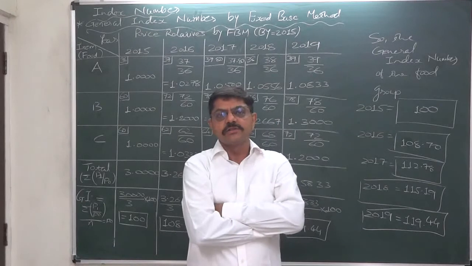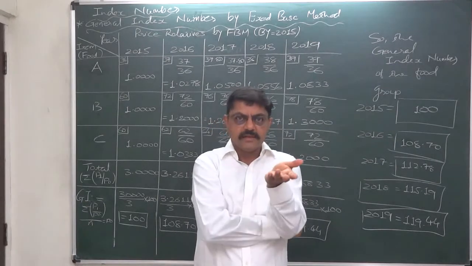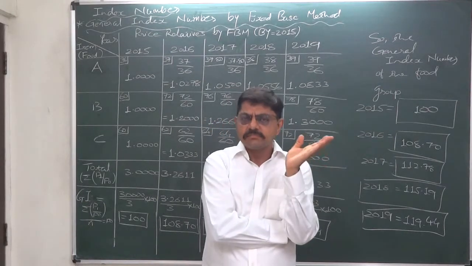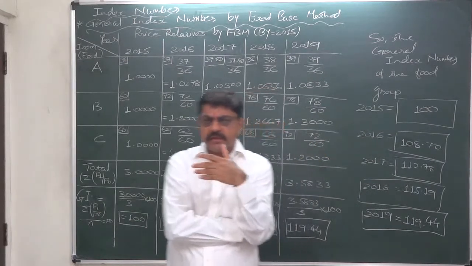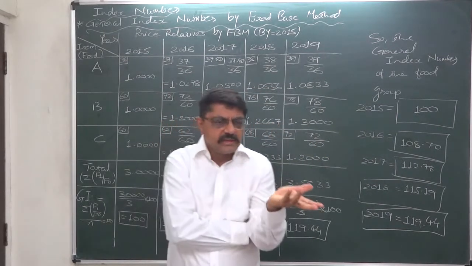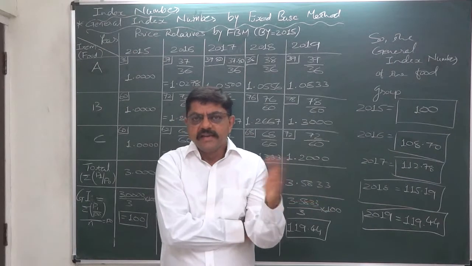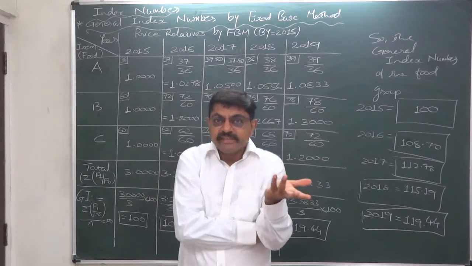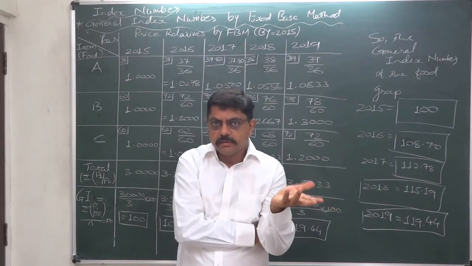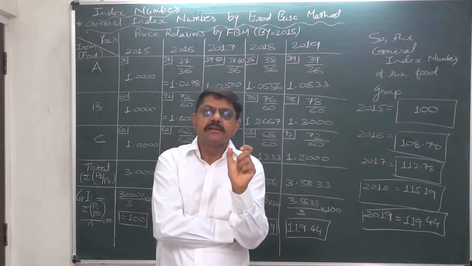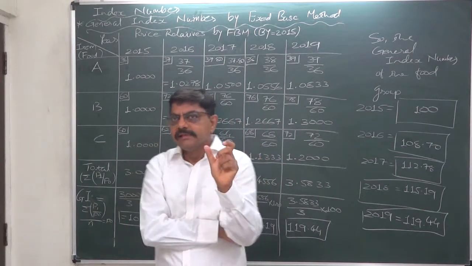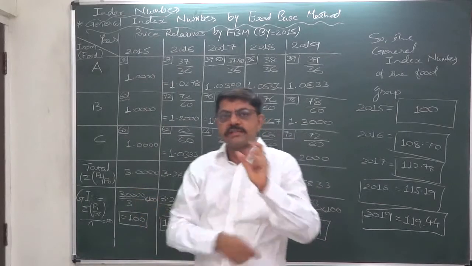But mostly in case of fixed base method, the base year is given. But sometimes, either intentionally or by mistake, stating the base year is forgotten. But if the term fixed base method is used, then we have to take the oldest year as base.